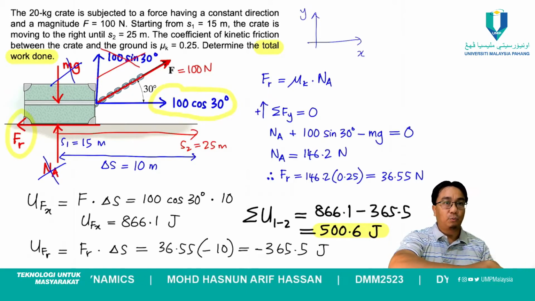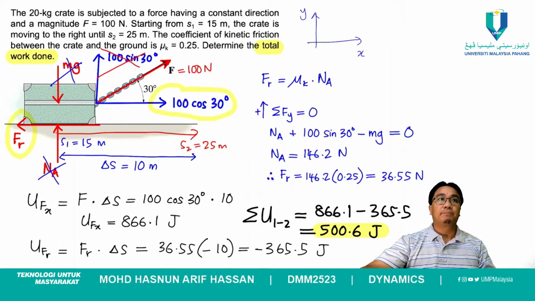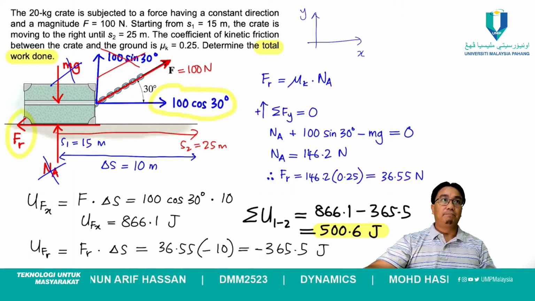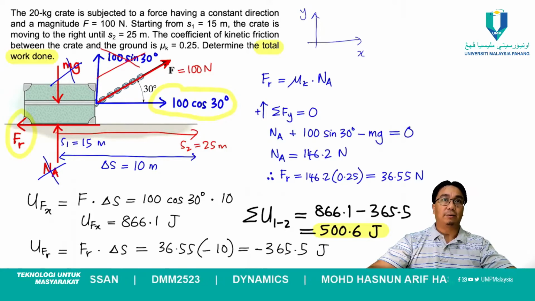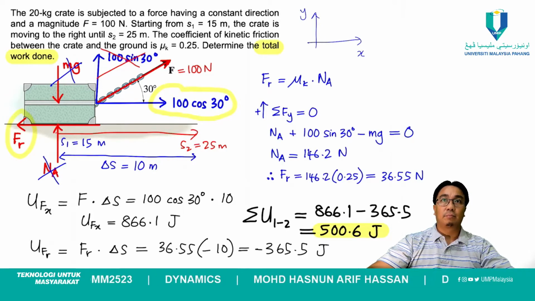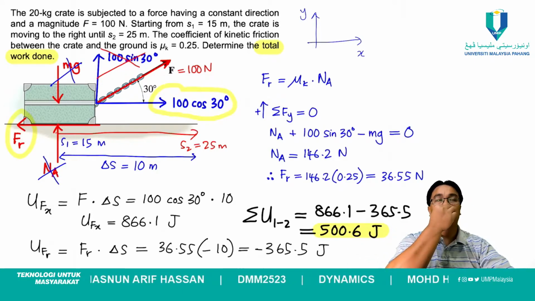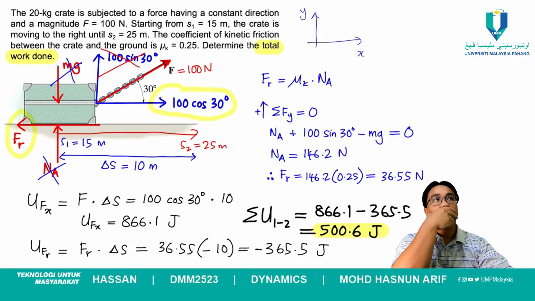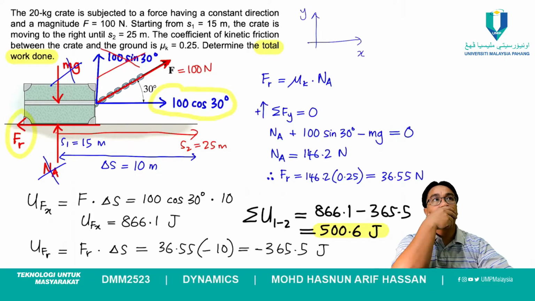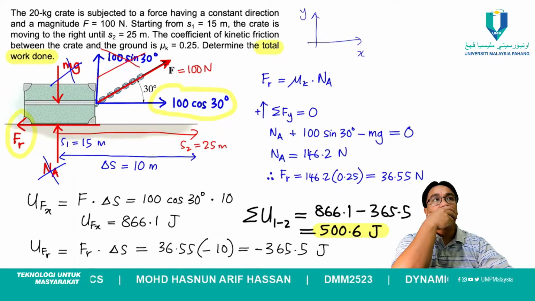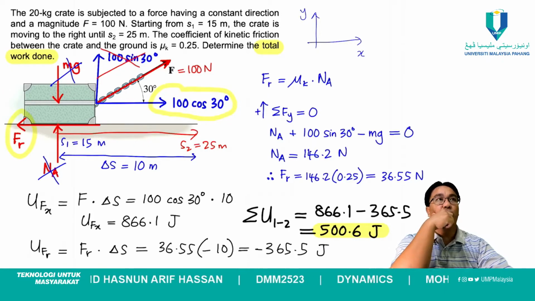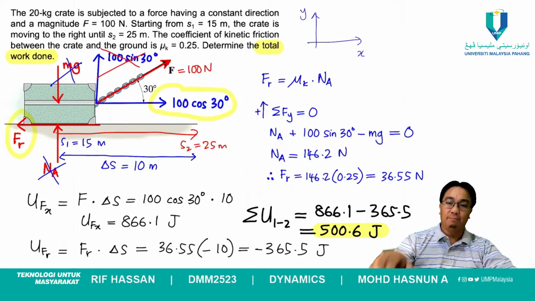Any question? Do you have any question on this? For these questions, can we get the Fx, then we minus the frictional force first, then we multiply with the displacement that the object travels? Good question. I haven't tried that, but let's try.